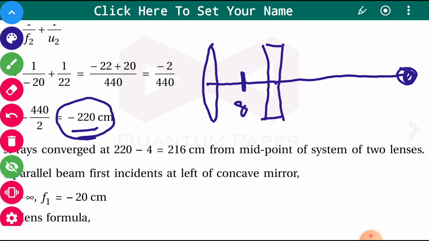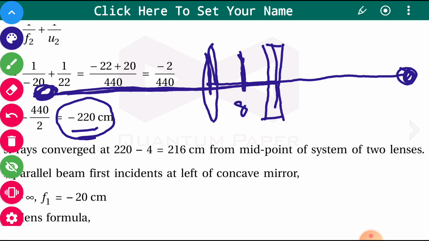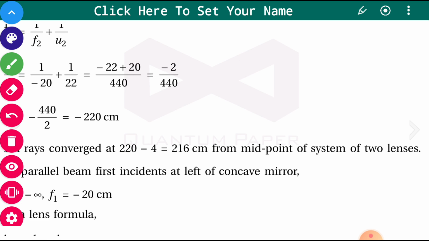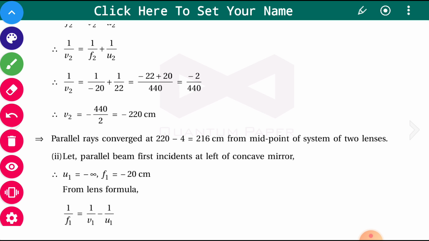Minus 220 means the image will be on the left-hand side, somewhere here, 220 centimeter from this lens. So from the midpoint, this 4 centimeter has to be subtracted, so it will be 216 centimeter from the midpoint of the combination of two lenses.